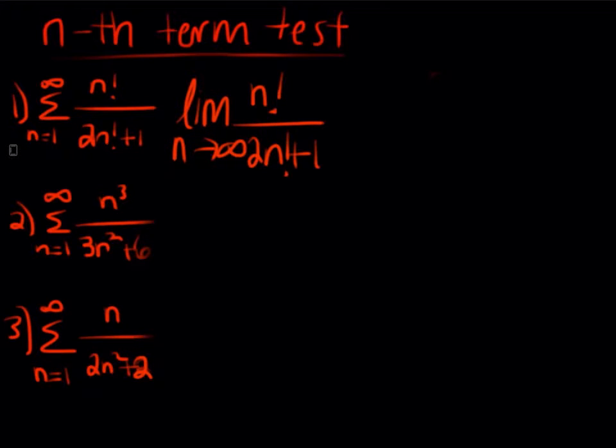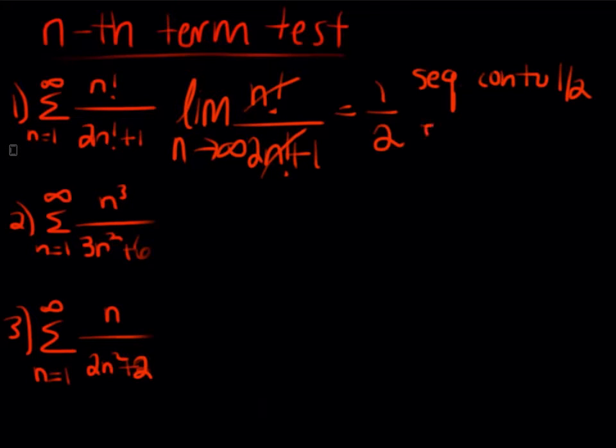So what you do here is you divide the two, and your answer is going to be the constant, that is the fraction of the two dominant terms. So it's going to be 1/2 in this case. And what this means is that the sequence converges to 1/2, and the series actually diverges.